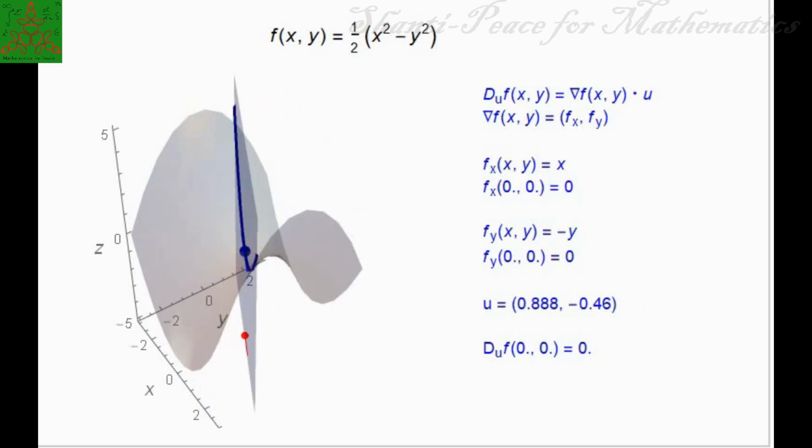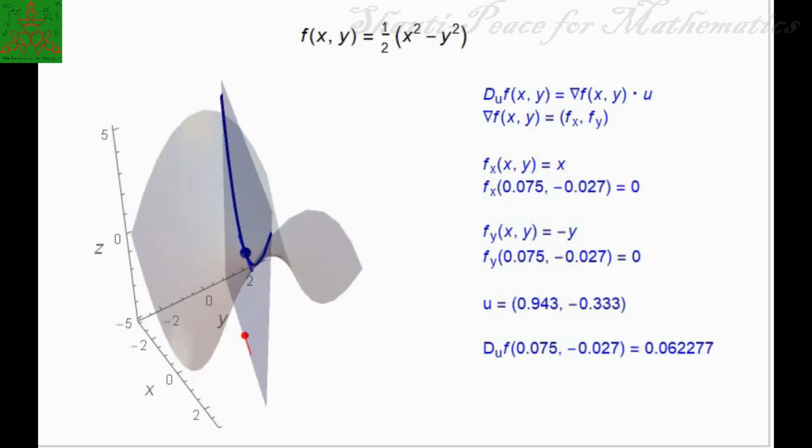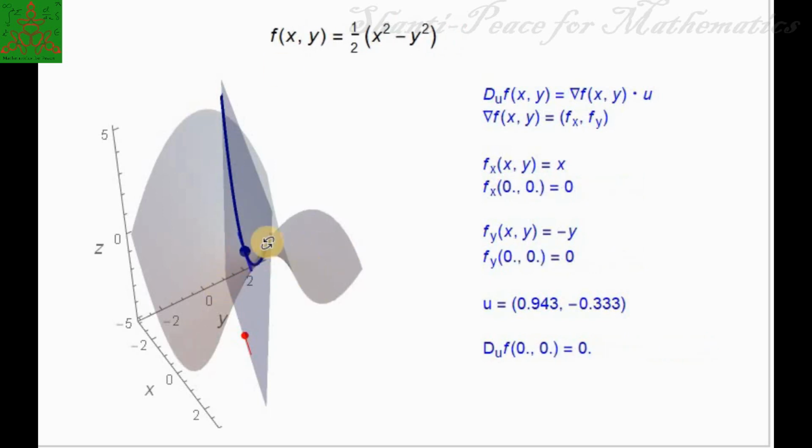Now if I change the point also, instead of the point (0, 0), I'm changing to another point. You can see that this point is moving, and in a similar manner this is also moving.